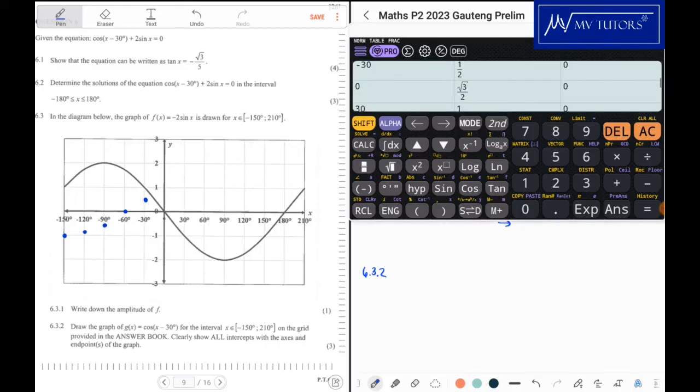At 0 we have 0,866, whatever it was. 30 degrees, it's 1. 60 degrees, round about the same value. 90 degrees, it's a half. Okay, there we go. We have negative a half for 150, 180. There we go. And 210, we have negative 1. Okay, so we can join all of that up. And we have a nice graph. Okay, done.